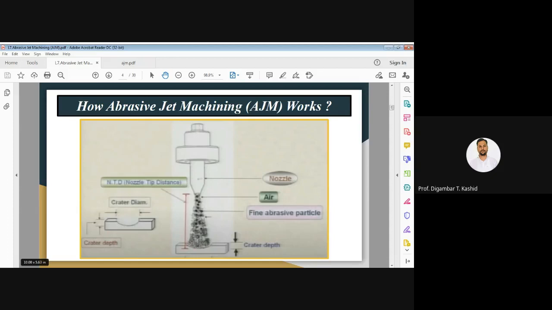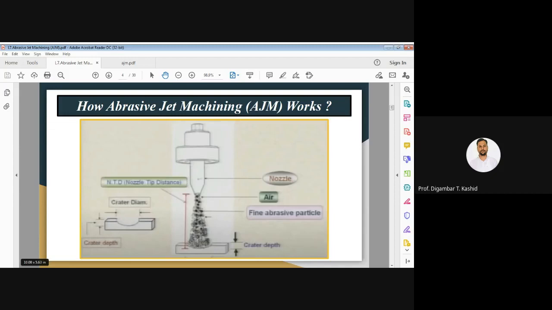That distance is known as the nozzle tip distance, the distance between the tip of the nozzle and the top surface of the workpiece to be machined. It is denoted here by NTD. In some books it is also called stand off distance, SOD.